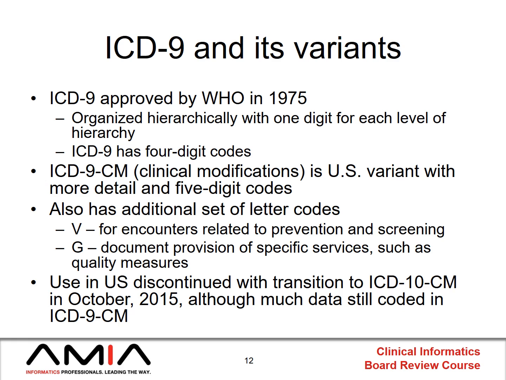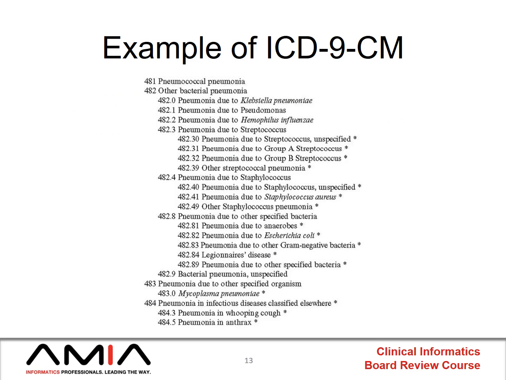ICD-9-CM was used in the United States until 2015, when the transition was made to ICD-10-CM. There is, of course, still a lot of data that is encoded in ICD-9-CM. This slide shows an example of the ICD-9-CM hierarchy for different types of pneumonia.